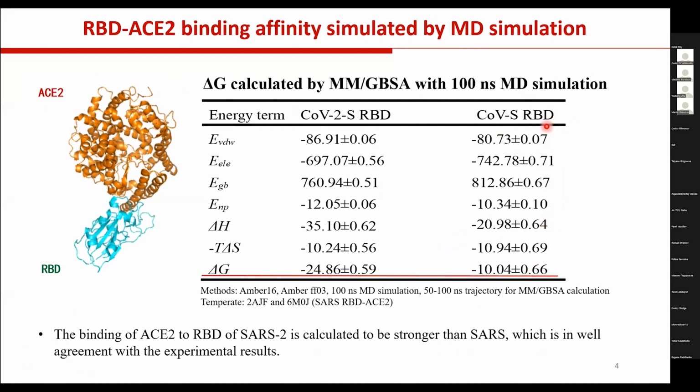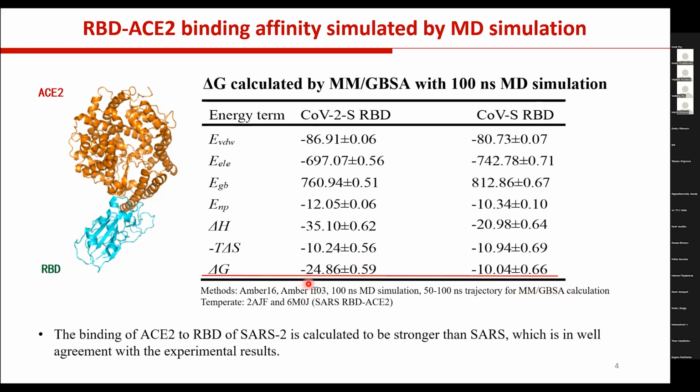Based on the SARS crystal structure, we quickly constructed 3D models of the complexes of SARS-2 RBD and ACE2. Then we performed MD simulation using AMBER 16, ran 100 nanoseconds of MD simulation, and predicted the binding free energy by the MMGBSA method.